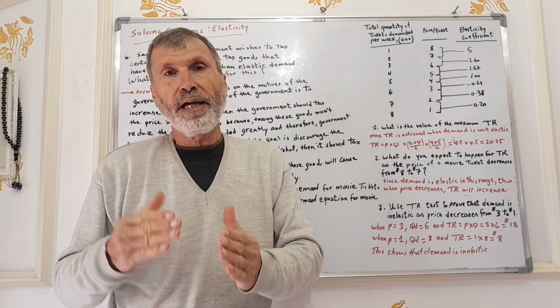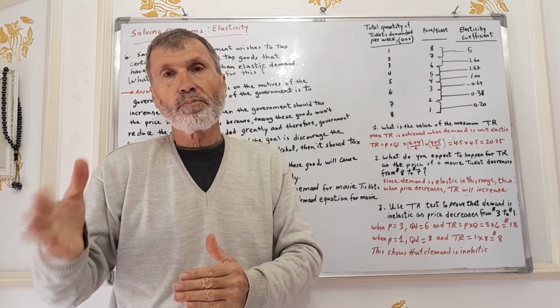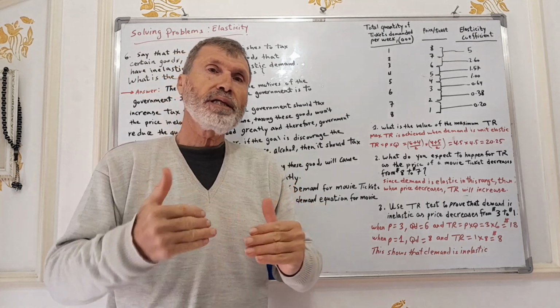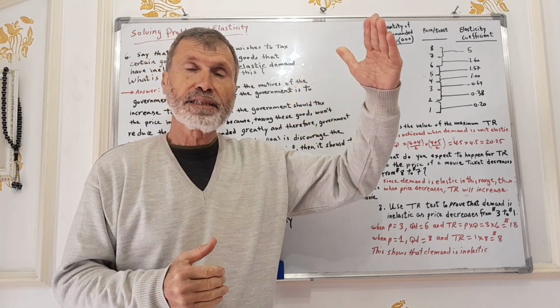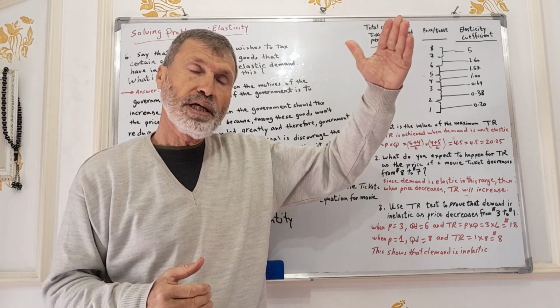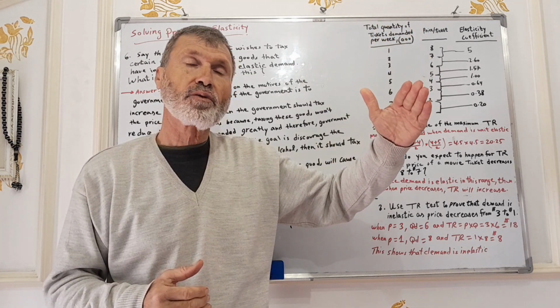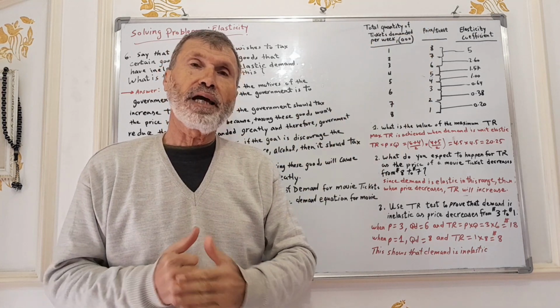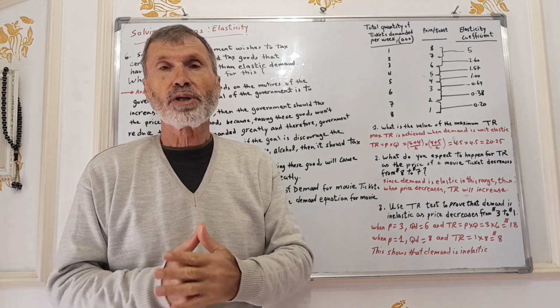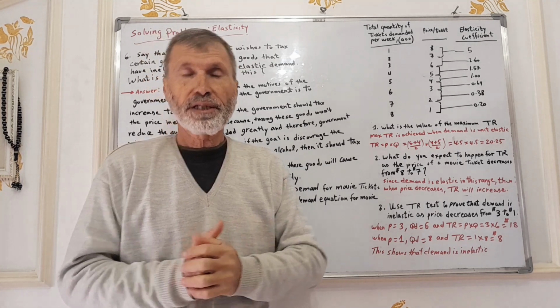Total revenue in the inelastic portion will follow the price, and total revenue in the elastic portion will follow the quantity demanded. So if the price decreases in the elastic portion, total revenue will increase, and if the price decreases in the inelastic portion, total revenue will decrease.